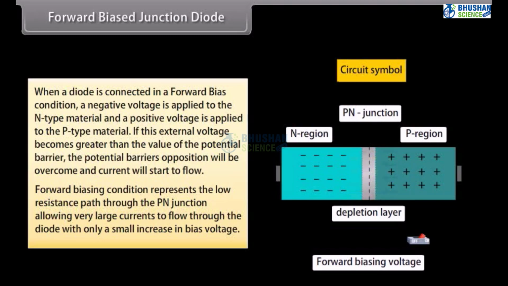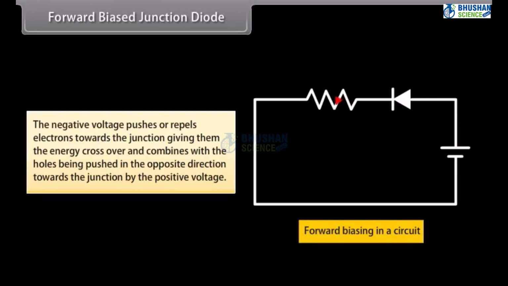The actual potential difference across the junction or diode is kept constant by the action of the depletion layer. The negative voltage pushes or repels electrons towards the junction, giving them the energy to cross over and combine with the holes being pushed in the opposite direction towards the junction by the positive voltage.